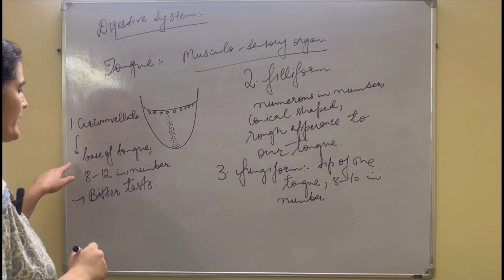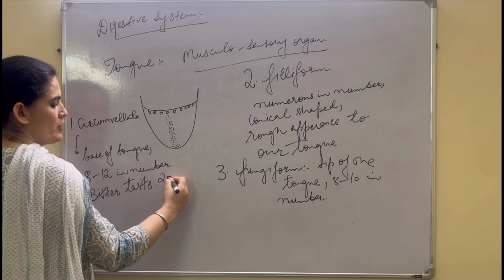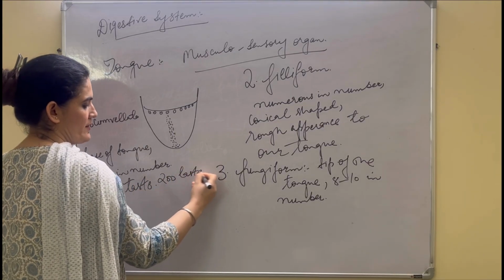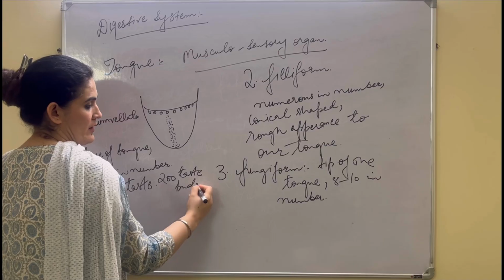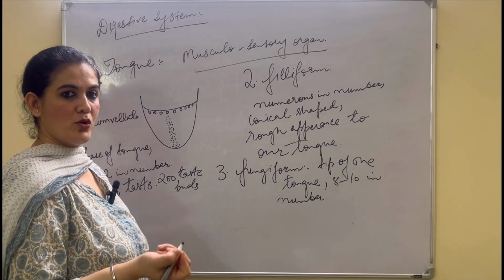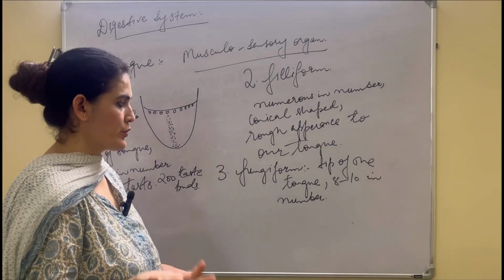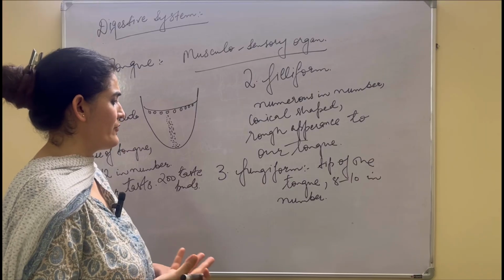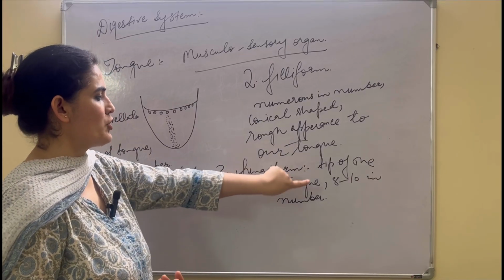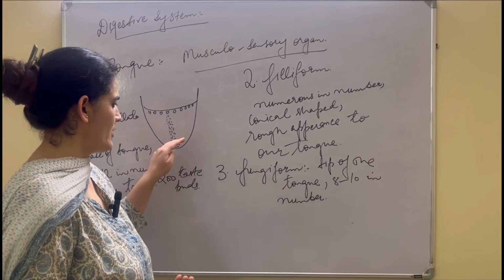Here I told you they are 8 to 12 in number and they contain 200 taste buds. Similar is the number here. It can vary according to the resources you are referring to, book and everything. So fungiform, tip of the tongue, 8 to 10 in number.